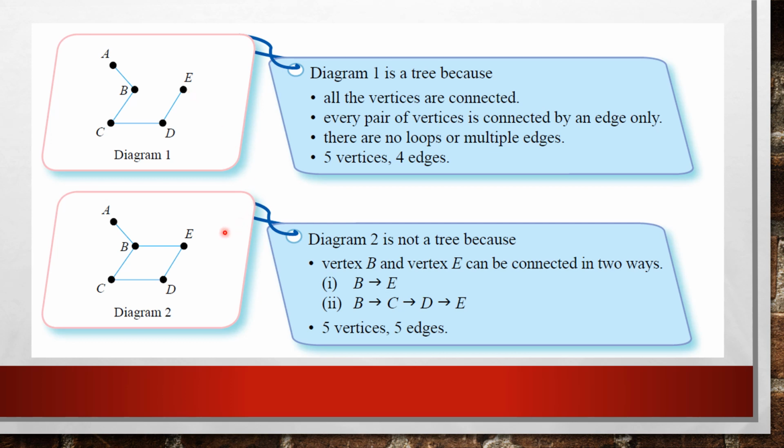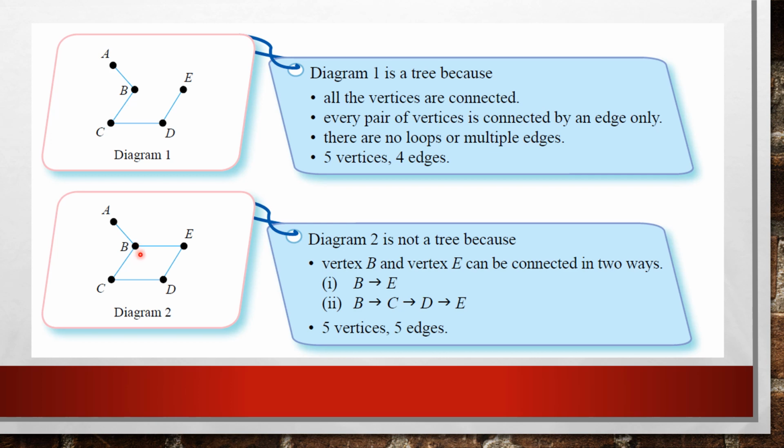To get a clearer picture, we look at diagram 2. Diagram 2 is not a tree because vertex B and vertex E can be connected in two ways. For example, from B, you want to go to E. Either you use the straight way from B to E, or you can make a turn.